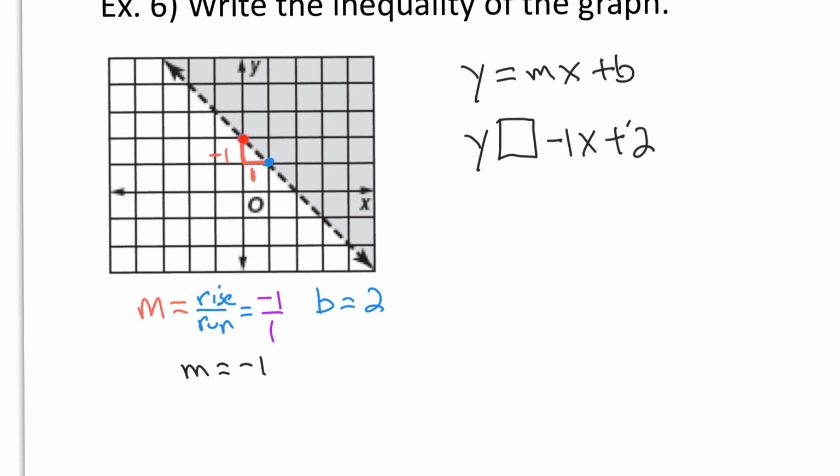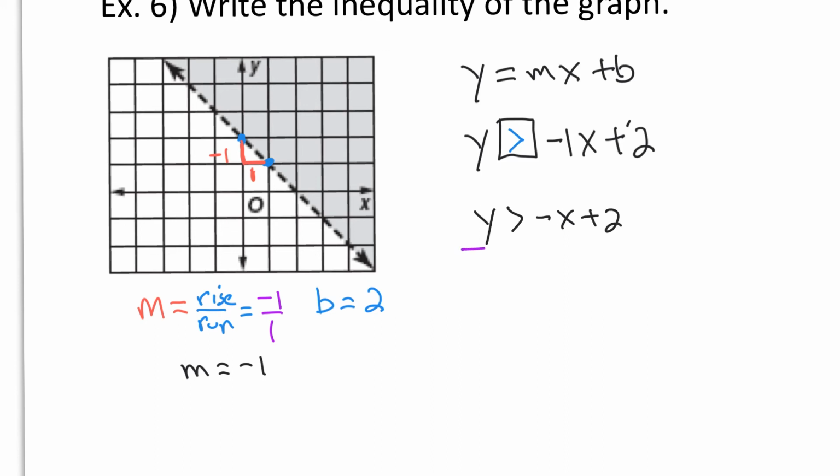You look at the y-intercept, and if it's shaded on the top, it's going to be greater. If it's shaded on the bottom, that will be less than. So right now, I'm going to have to use a greater than. So I'm going to put y, and I know what inequality I have to use. I'm just going to put greater than right here. And just to make everything look nice, I'm going to rewrite it: y is greater than -x plus 2.